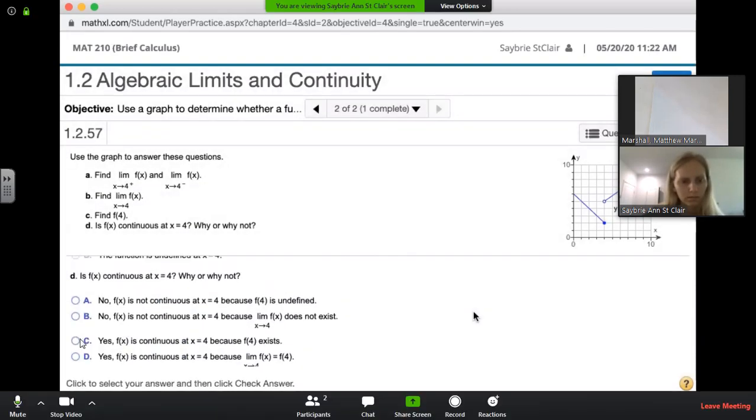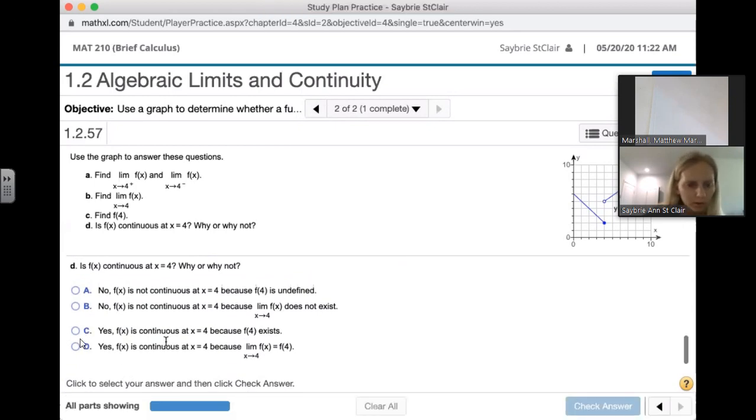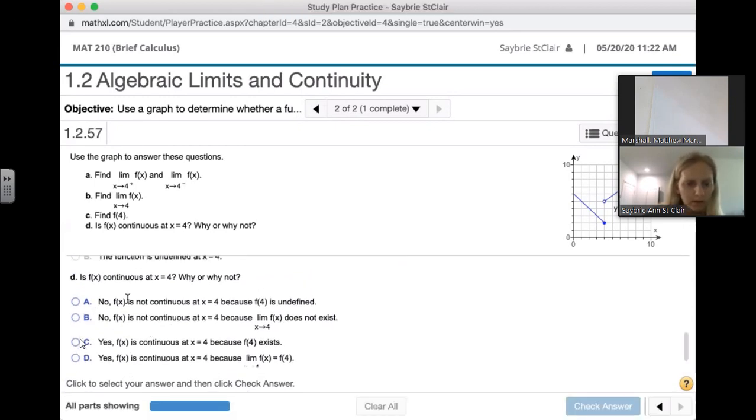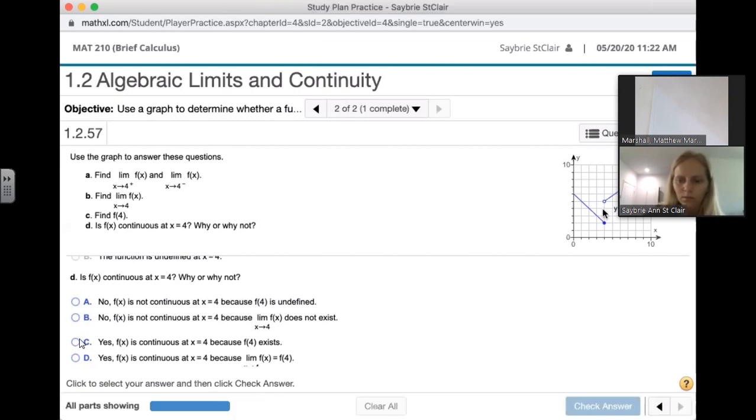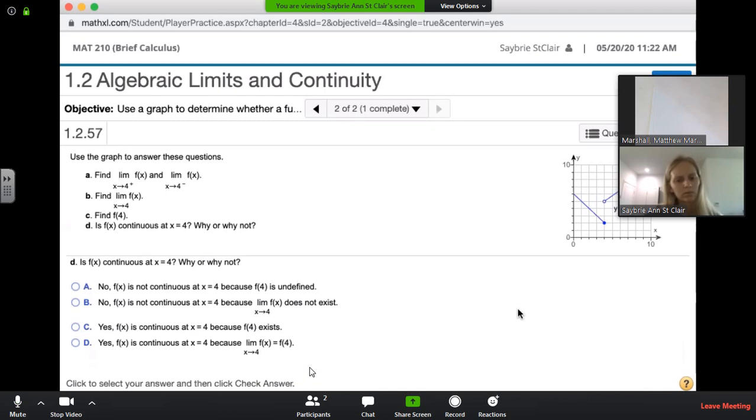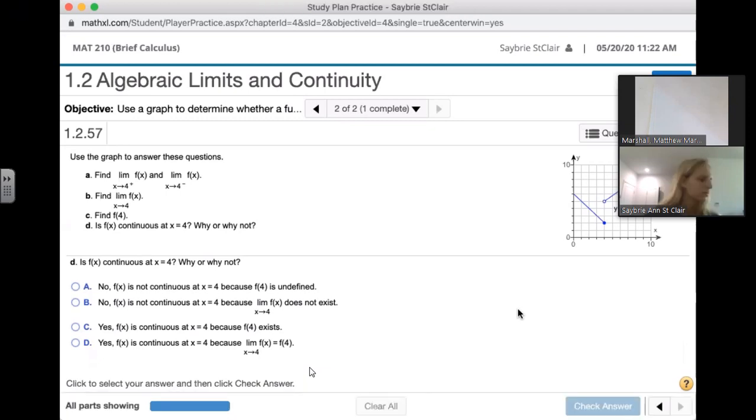Let's take the quiz. I would say C, yes, because it's continuous, because at 4, x equals 4. Wait, can you scroll down a little bit there? I would put C on that one.